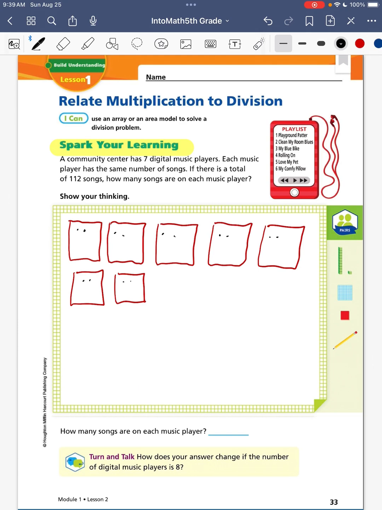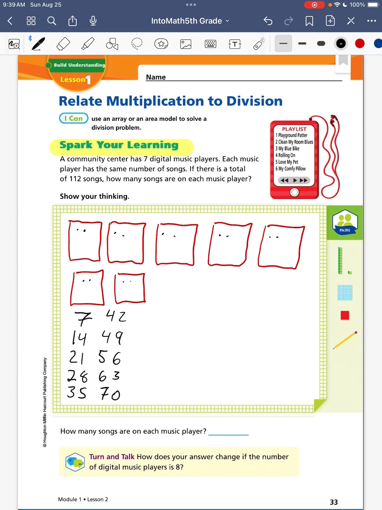Another way that I can go about doing this is listing out multiples of 7. I know that 7 times 1 is 7, 7 times 2 is 14, 7 times 3 is 21, 7 times 4 is 28, 7 times 5 is 35, 7 times 6 is 42, 7 times 7 is 49, 7 times 8 is 56, 7 times 9 is 63, 7 times 10 is 70.